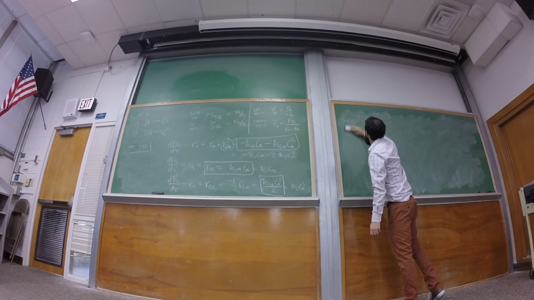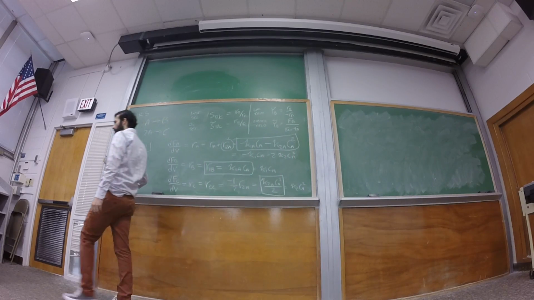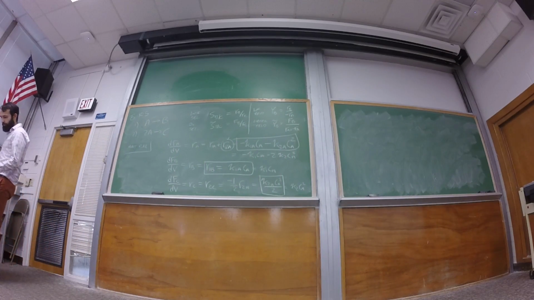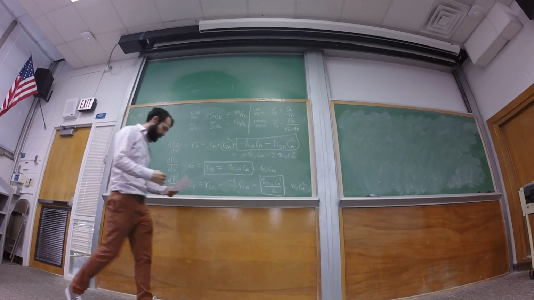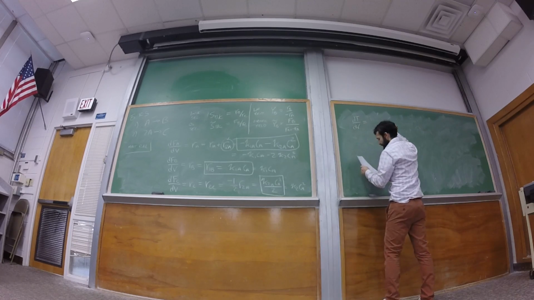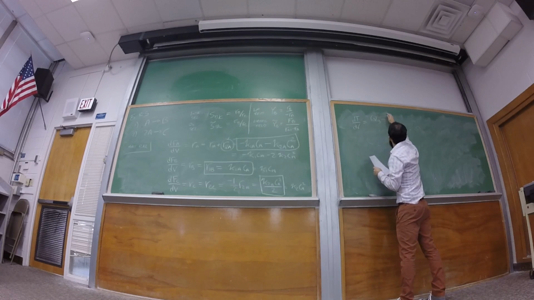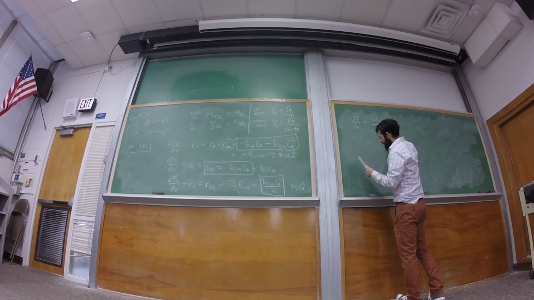So let's look at what the energy balance looks like for this problem. dT/dV. I'm going to put this form up here just to remind you a little bit about where it came from.